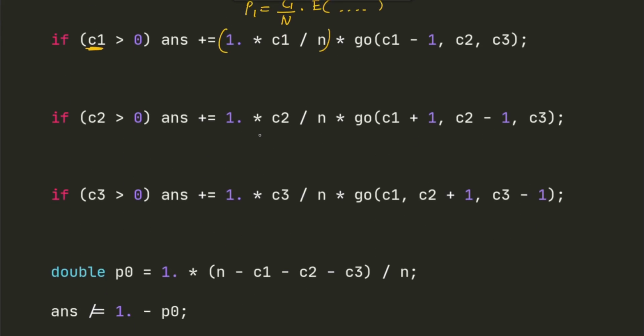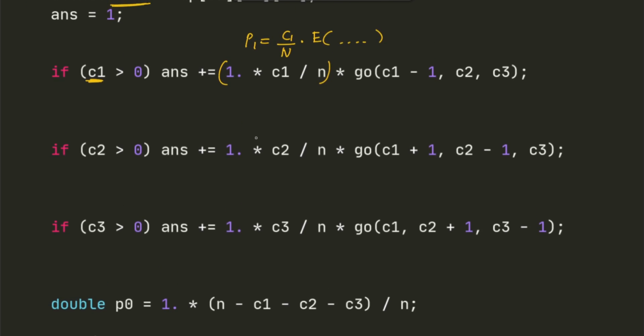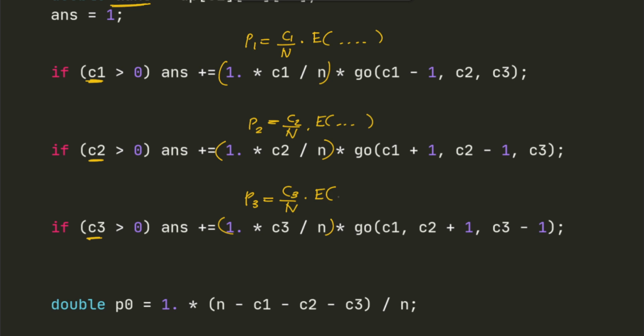Next, we will do the same thing for C2 and C3. This term denotes the probability for C2, which is C2 by n, and the expected value for the corresponding states, and so on for the probability of the third choice.